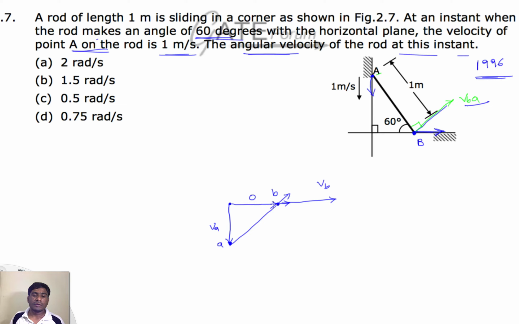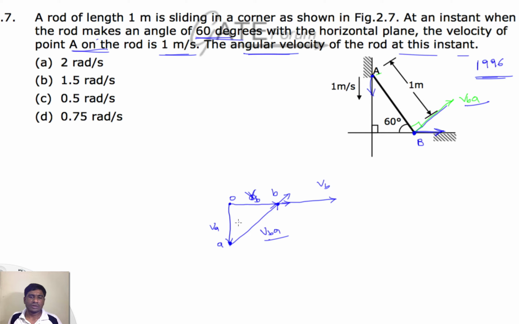So here we need to find the velocity of B with respect to A, and this is point O, and this is the velocity of point B. You could calculate this velocity VBA by simply measuring with a scale or a drafter, but here it's not possible.